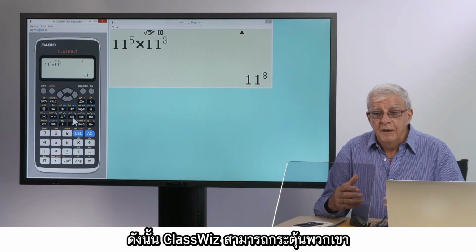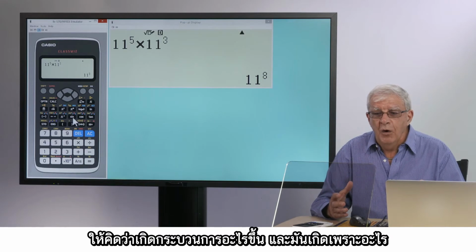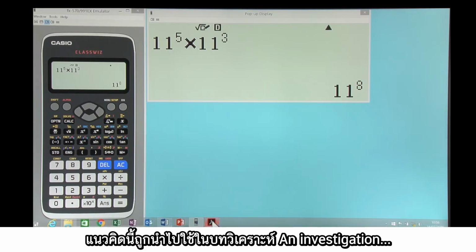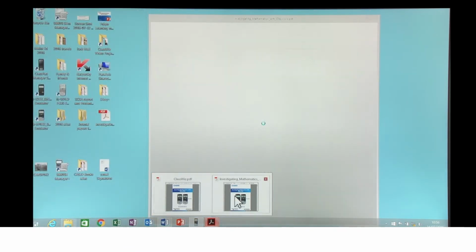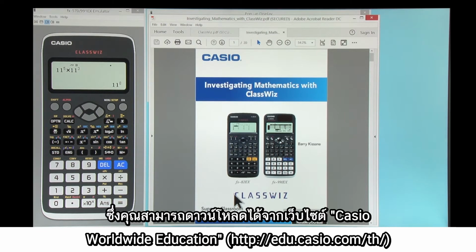So the ClassWiz can stimulate them to think about what's happening here and why is it happening. This idea is used in an investigation in the Investigating Mathematics with ClassWiz book, which you can download from the Casio Worldwide Education website.